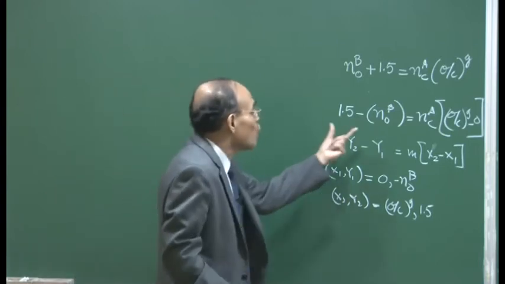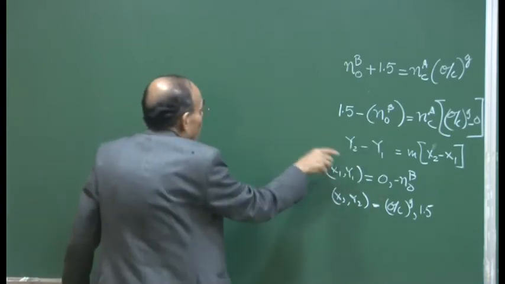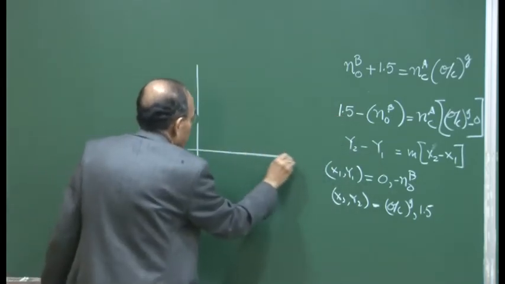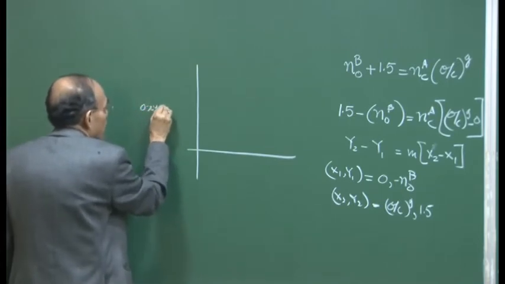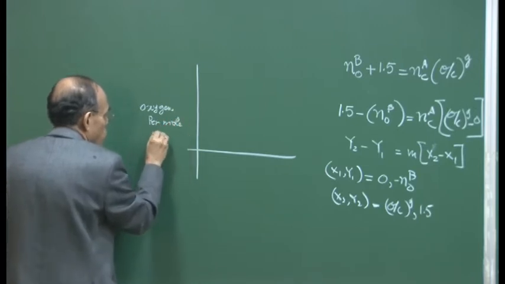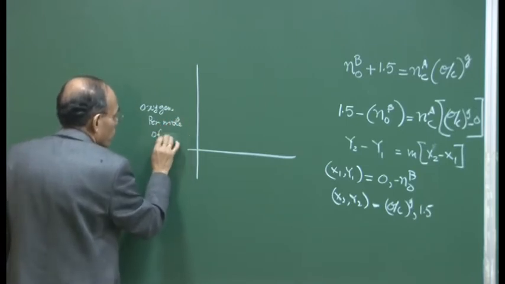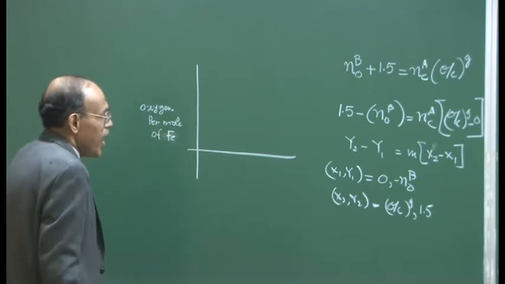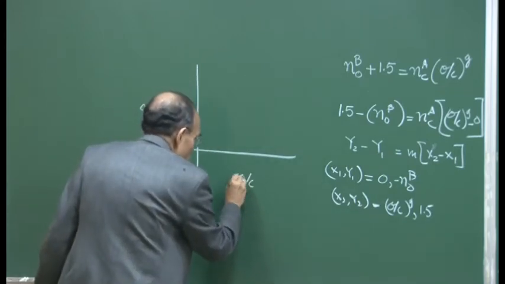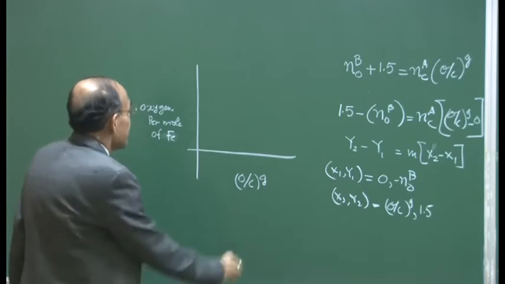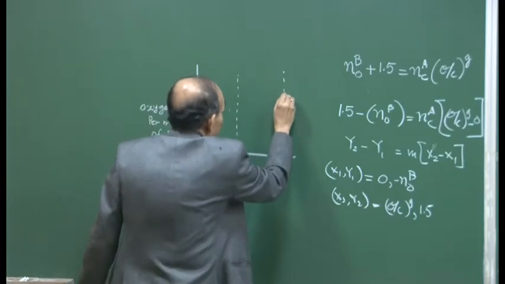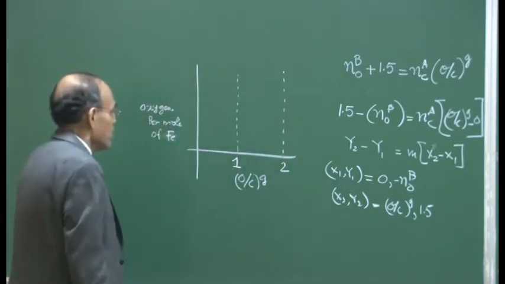So, what are we going to plot? We are going to plot on the ordinate y the oxygen per mole of Fe. And x, what we are plotting here, is the O by C ratio in the gas phase, and as I have indicated, the O by C ratio will have a value between 1 and 2, it cannot go elsewhere.